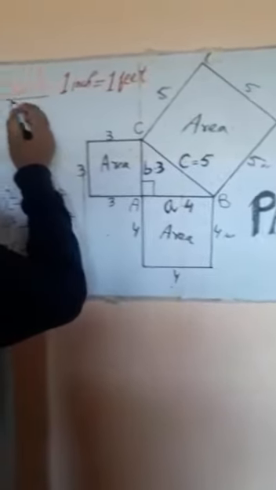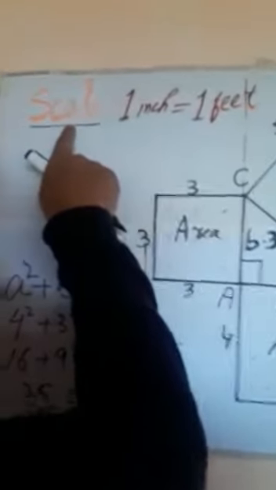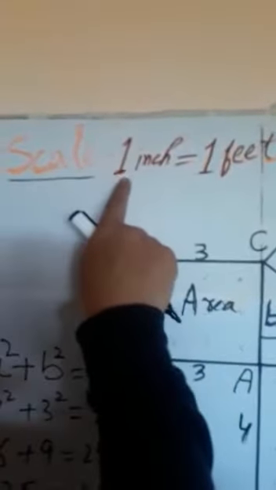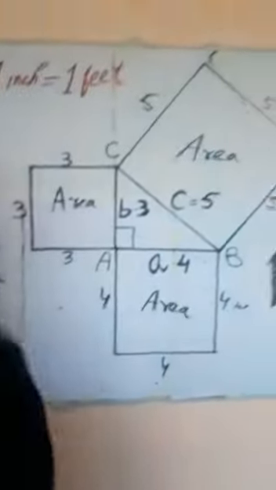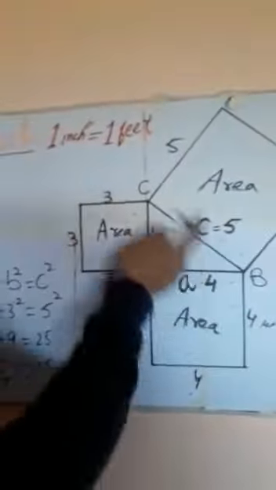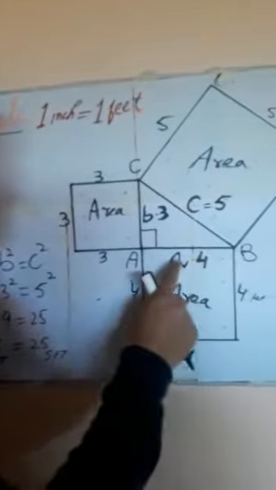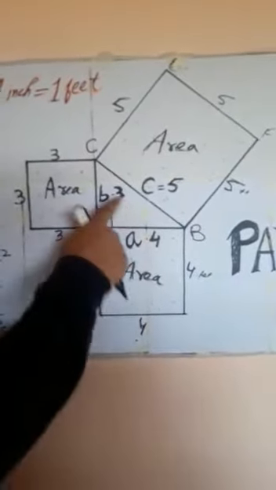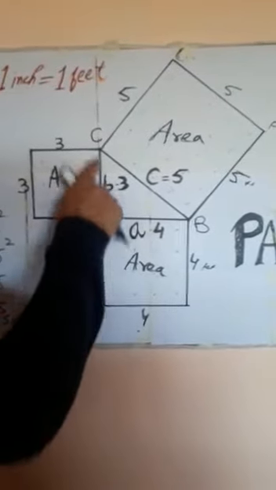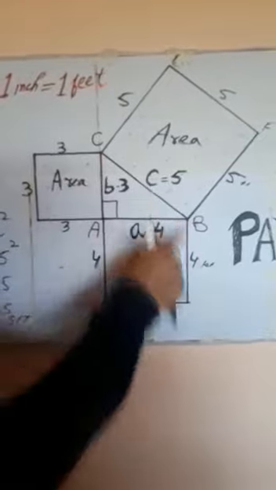I assume the dimensions, scale is 1 inch equal to 1 feet. Due to the small board, I took the dimensions as 1 inch equal to 1 feet. So this AB is a small a, that is 4 feet, and this perpendicular AC 3 feet and hypotenuse BC 5 feet.